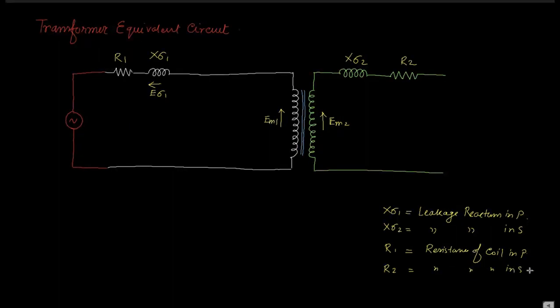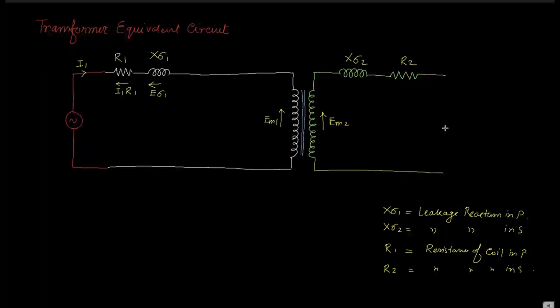These are the non-idealities. Due to this, if current I1 is flowing through it, then there is some voltage drop across it. I1R1 is the voltage drop across the primary winding, that is the I1 square R loss. There is some copper loss, that is the winding loss, in the primary side and secondary side of the transformer.